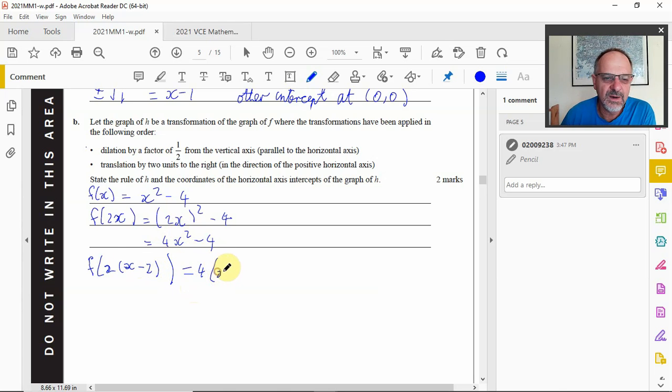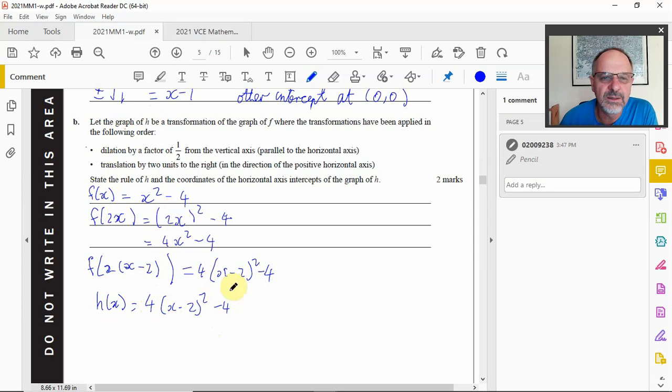So you've got 4, and then you've got (x minus 2) squared, take 4. So I've done both of those 2 transformations, and up here we're told that that's h. h is the graph after those 2. So h(x) will be 4(x take 2) squared minus 4.